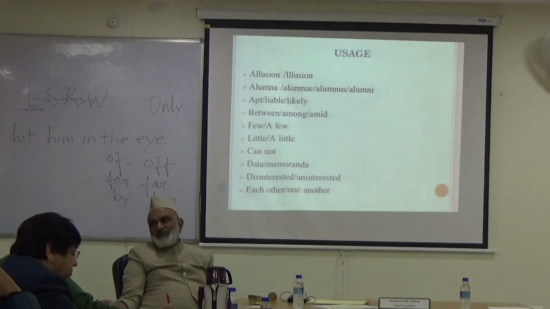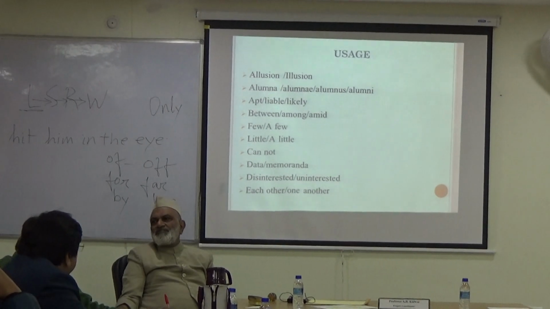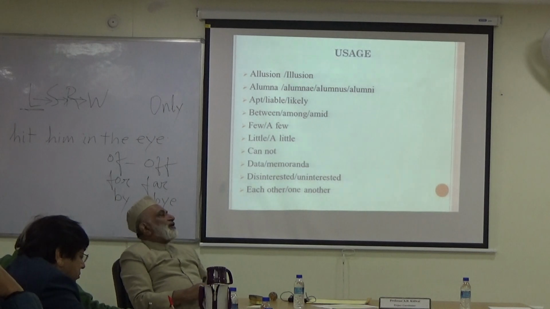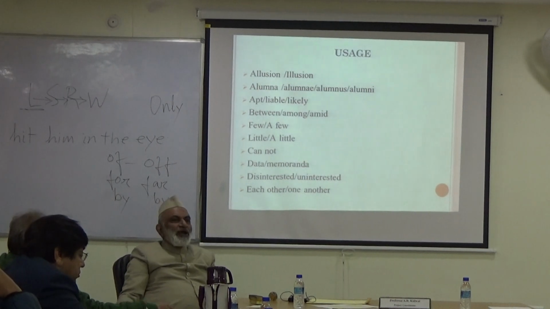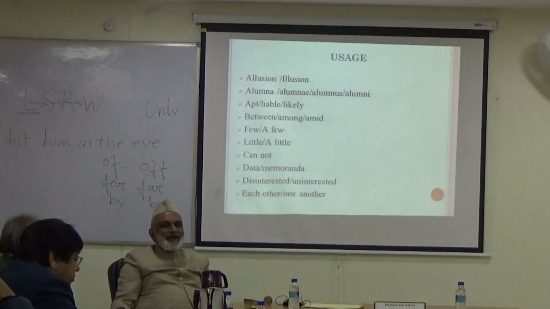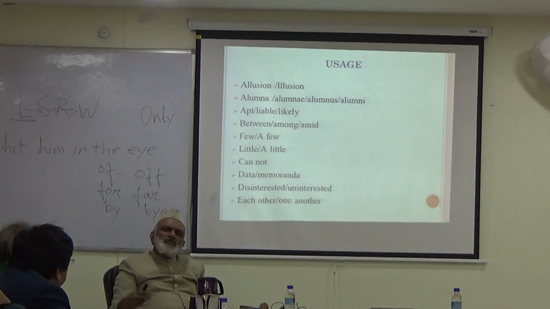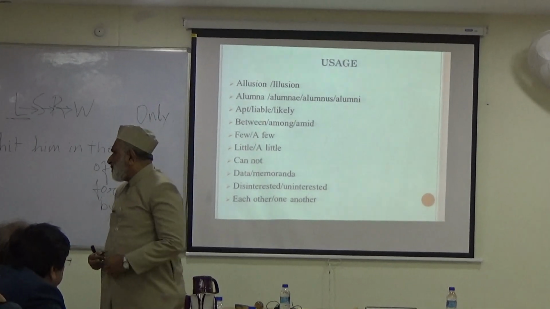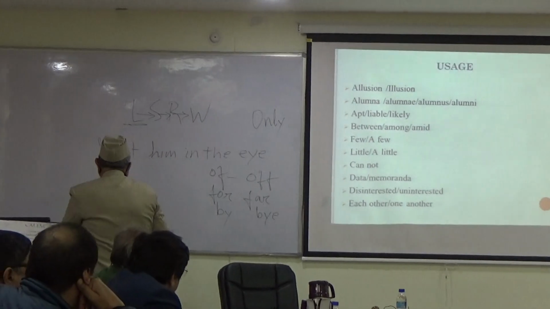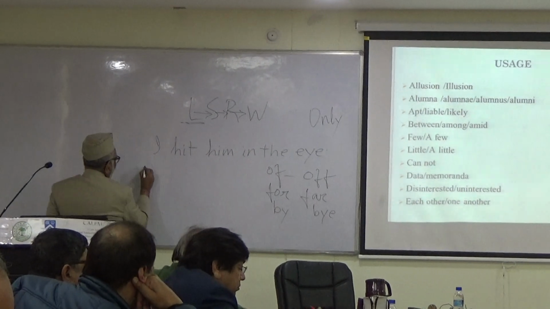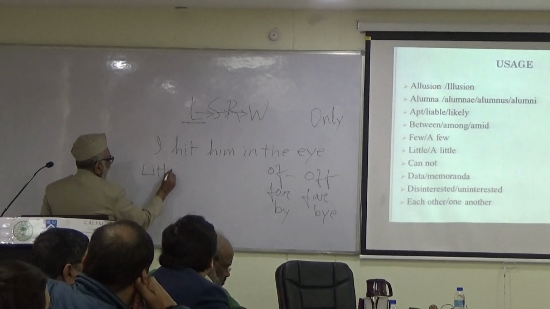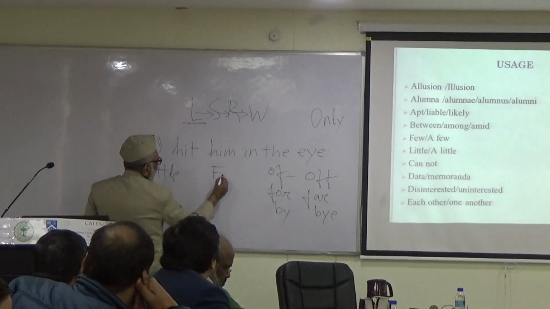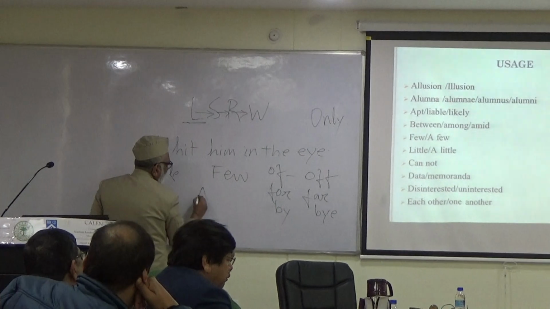Just as the other day we were talking about each, if you are not careful, then these minor problems may arise. Yes, this one is few and a few, little and a little. Please be clear in mind. I know most of you already know it, but just to refresh it, let me put it in black and white. First of all, little and a little, few, a few.